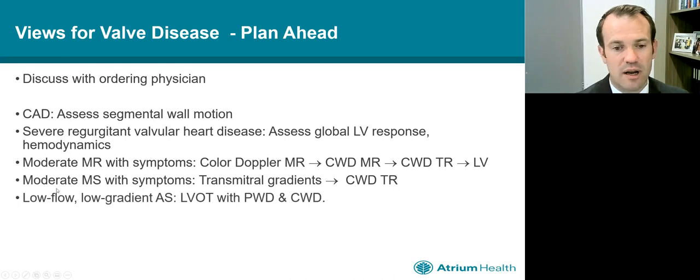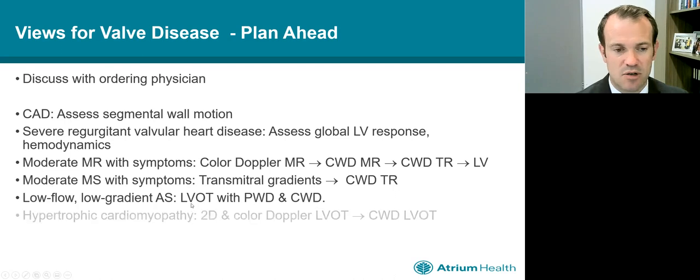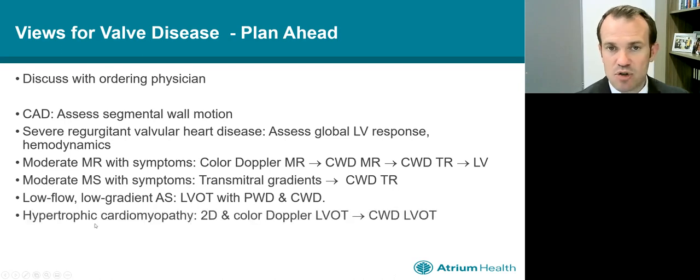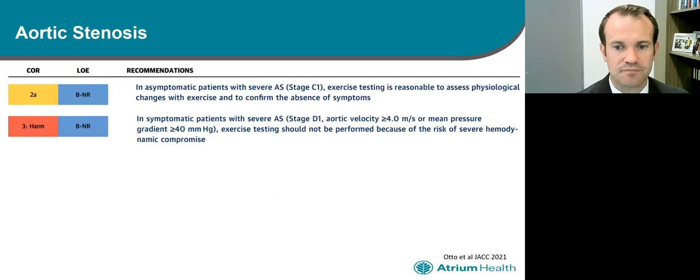If it's low flow, low gradient AS, we're going to be checking the LVOT with pulse wave and continuous wave. And if it's hypertrophic cardiomyopathy, where we're looking for obstruction, we're going to want to look at that LVOT with 2D and Doppler and do continuous wave there to look for systolic anterior motion. So again, each of these stress tests needs to be planned out carefully beforehand to make sure we're answering questions.